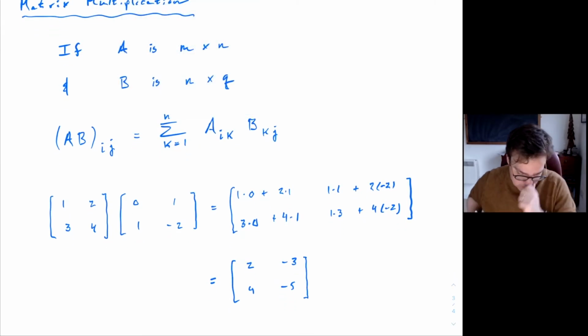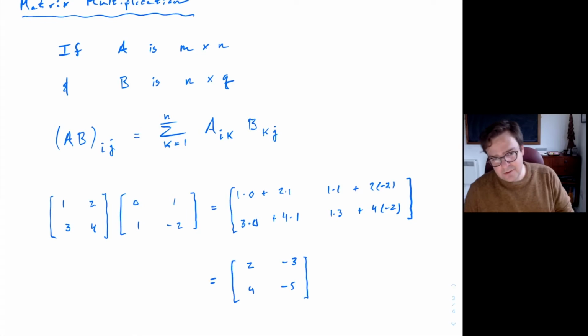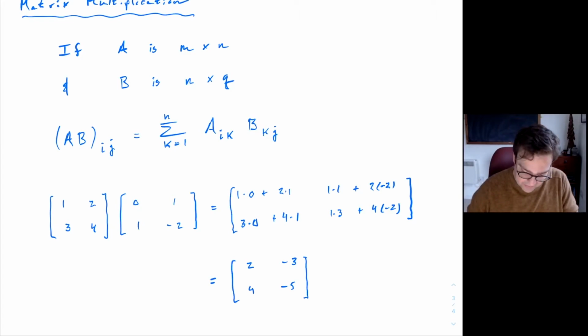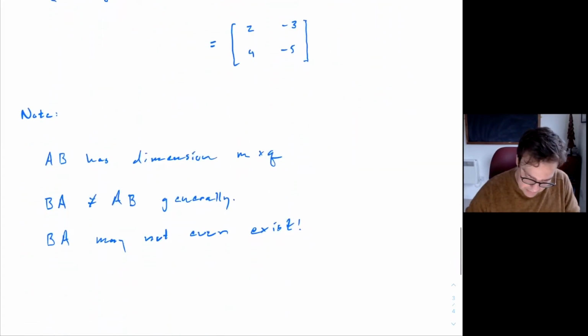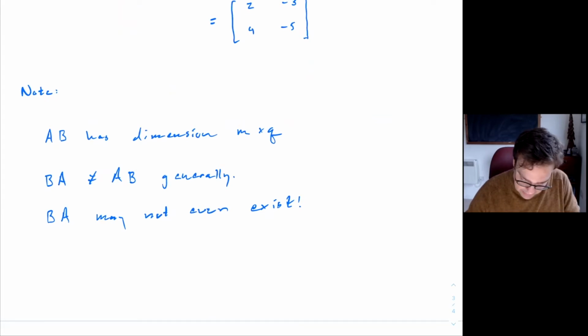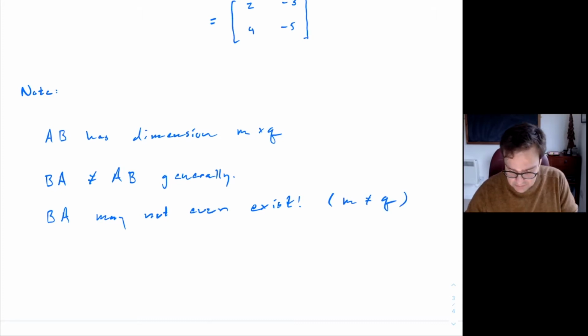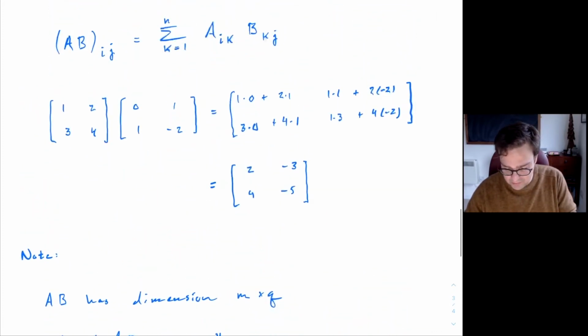If we were to try to do B times A, that'd be a multiplication of a matrix with dimensions n by q times a matrix with dimensions m by n. But m and q are not equal, and so that's just not going to work, right? It won't exist if m is not equal to q.